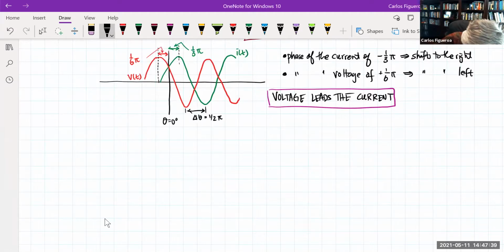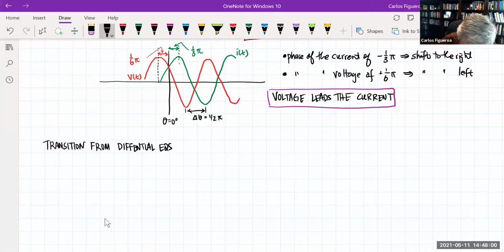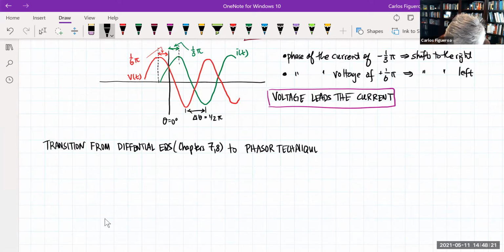So what we're going to do now is transition from differential equations, which in our case is chapters 7 and 8, to phasor techniques, which in our case is going to be chapter 9.